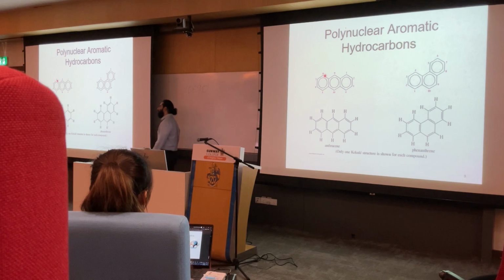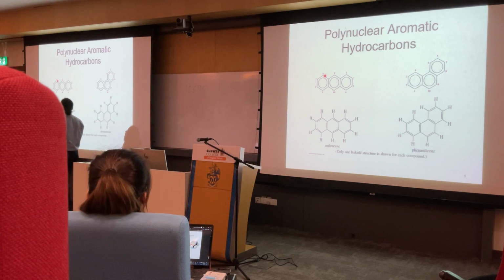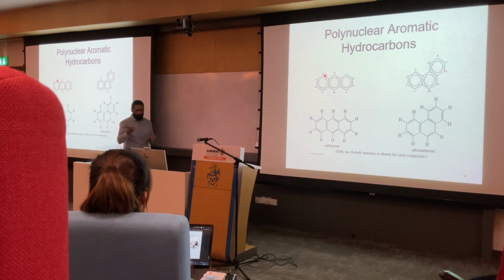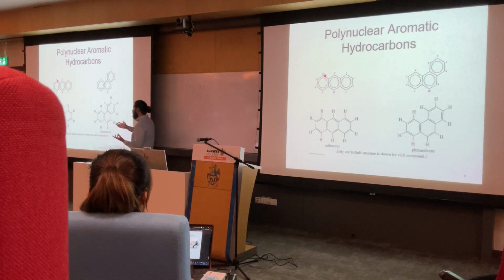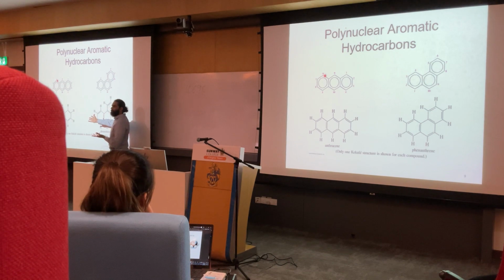There are several other important aromatic compounds as well, such as polynuclear aromatic hydrocarbons. So we have naphthalene, anthracene, phenanthrene, and so on and so forth. These are also somewhat important. So this is their structure. Funny looking, right?